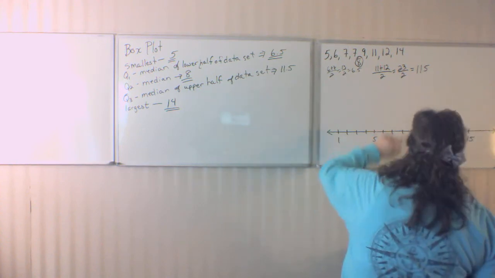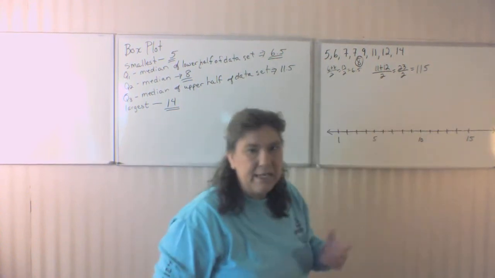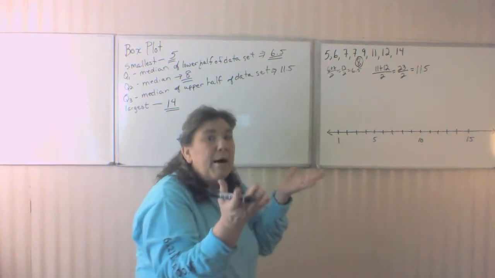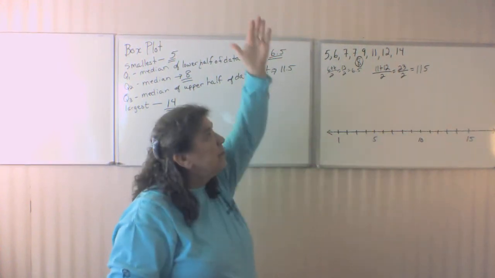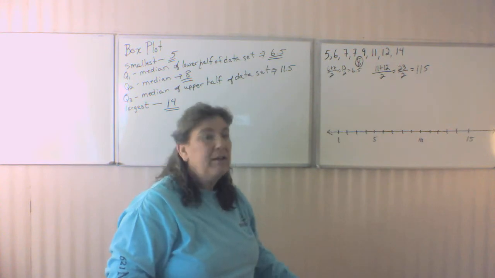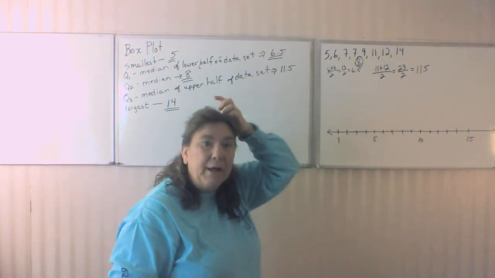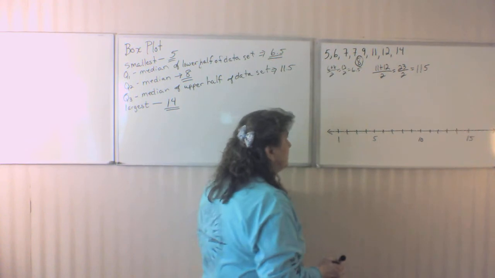And we don't need any more than that because our largest number is 14. And we put our box plot above the line. You could also do a box plot on a vertical. I like the horizontal better, but vertical works as well.